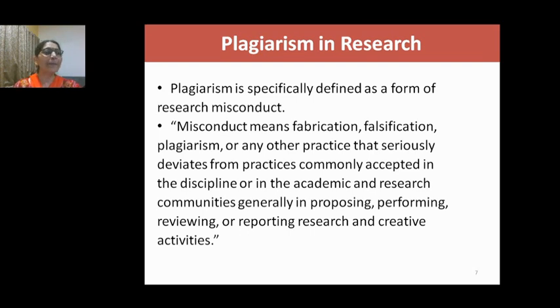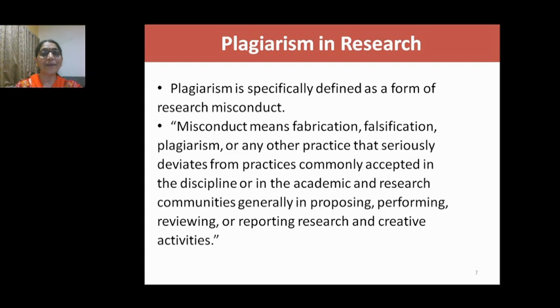Fabrication is the intentional act of making up data or results and recording or reporting them. We can quote an example in social sciences: a researcher or interviewer completing a questionnaire for a fictitious subject who was never interviewed. Or in biological sciences, the creation of a data set for an experiment that was never actually conducted.